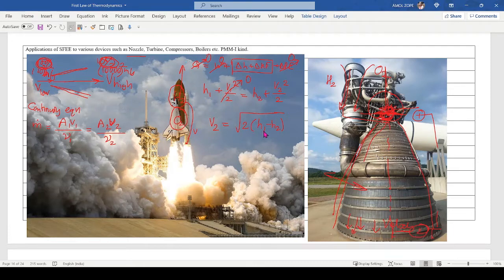So what is the basic function of a nozzle? It converts the enthalpy into kinetic energy. What is this conversion? It converts the enthalpy into kinetic energy. It means the energy of temperature, pressure, specific volume, the energy which is inside the flowing fluid, is converted into kinetic energy, and then we utilize this kinetic energy for our purpose.